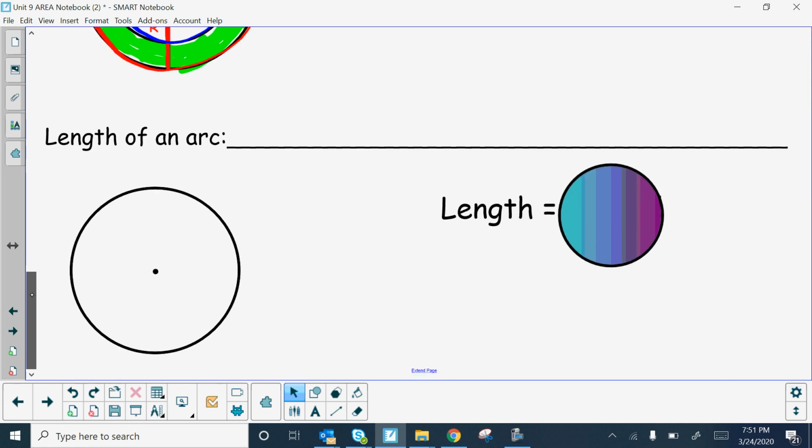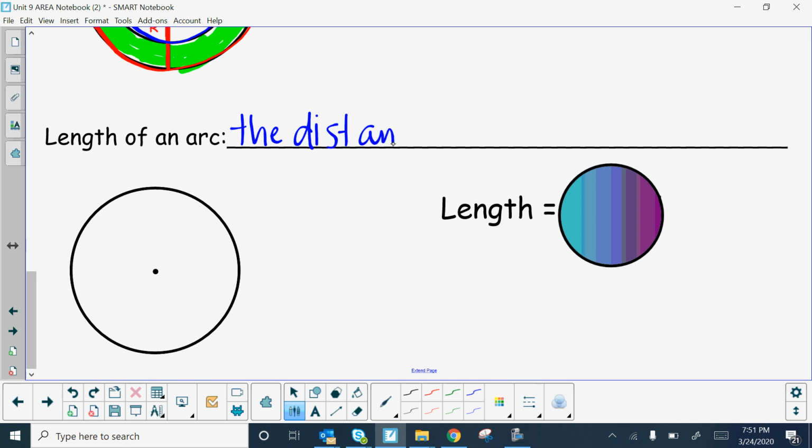All right, and then one last part that pertains to circumference, actually. So we're going to do a little bit of circumference, is finding the length of an arc. Okay, so how do you find the length of an arc? This is going to be the distance, since we're talking about length, the distance between 2 points on the circle.